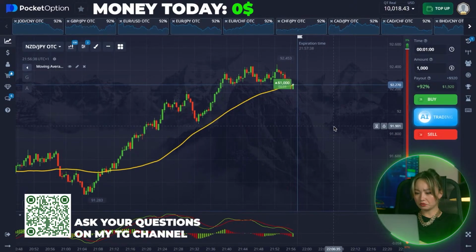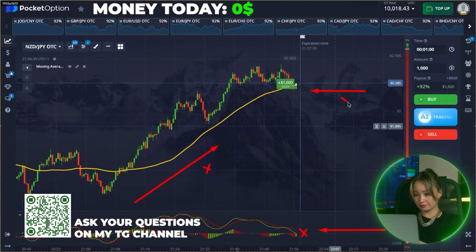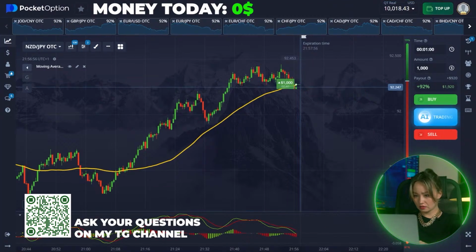Yes, we found one. I'm opening a long trade here. I see an upward movement touching the MA, and the MACD is in the 0 zone. All signals are here, so we can safely open the trade. Yes.